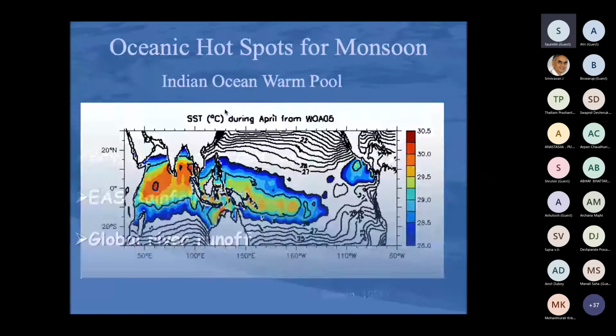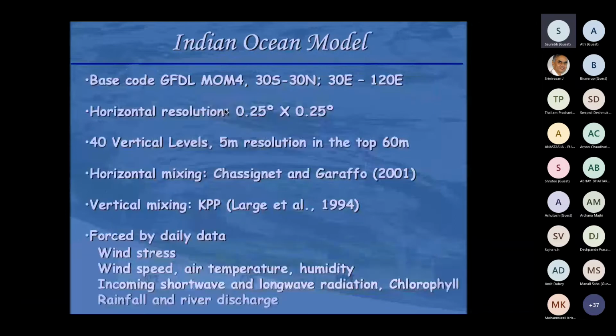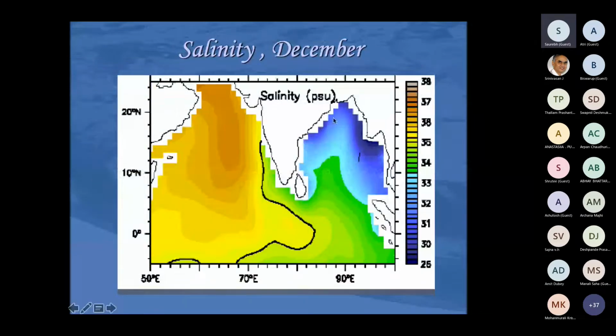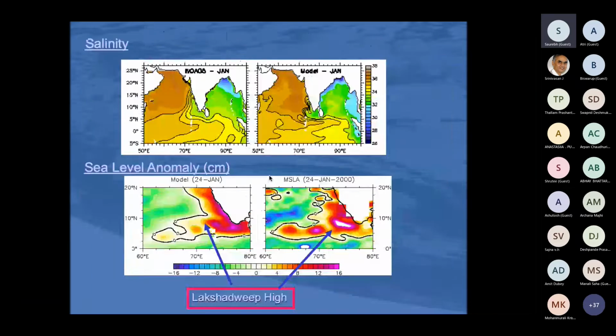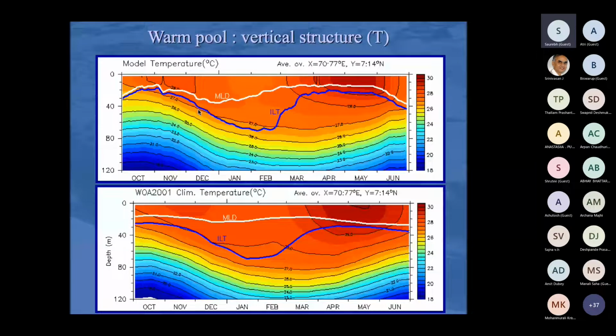If you remember the picture I showed you, the salinity in the Bay of Bengal is low because of all the fresh water coming here, and some piece of that low salinity water flows along the coast of India, around Sri Lanka, and reaches here. And it is the same region where the warm pool forms. So there are some studies which propose that it is owing to this low salinity water that the warm pool forms there. So we have a hypothesis to test, right?